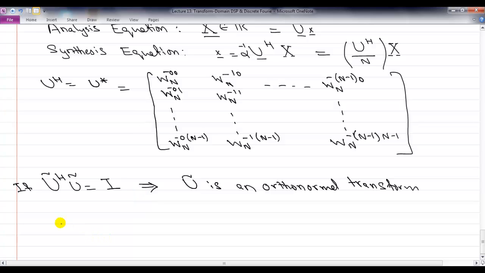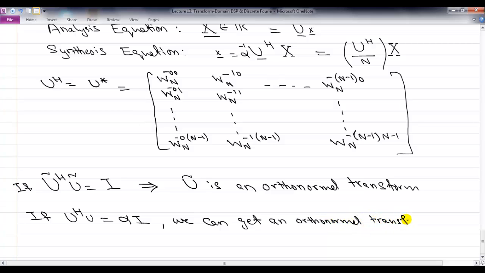So if U Hermitian U is alpha identity, we can get an orthonormal transform by defining another transform U tilde as U over square root of alpha.